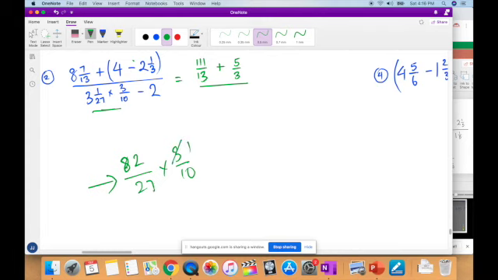Alright. Can 3 go into 27? Yes, there's 9. Sorry, our teaching says 9 this morning. And 9 could go into 82? No, 9 could go into 81. So what we ended up with here is 82 over 90. Right, good job.